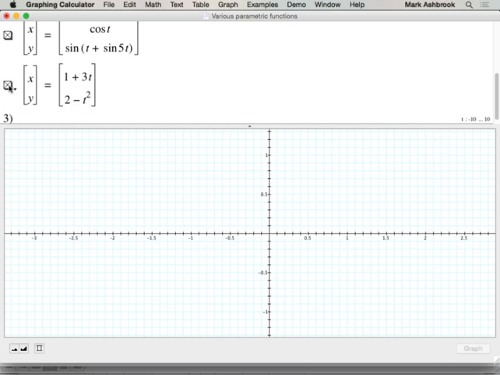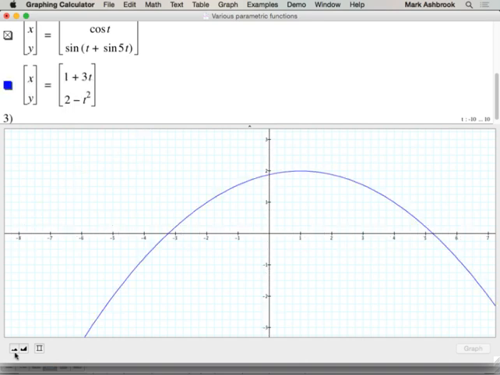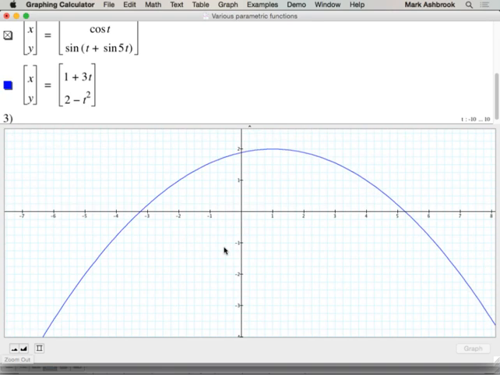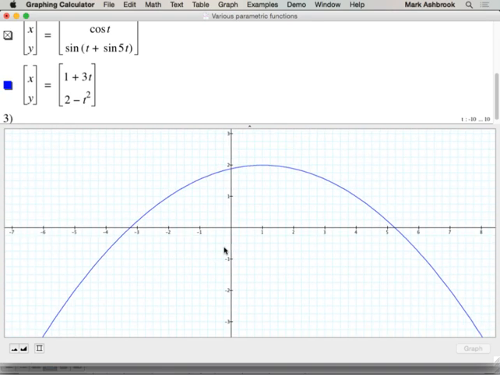This one's going to be less exciting. What is it? Now for this one, notice that you could rewrite this as an equation of x and y. How can you rewrite it as an equation of x and y? So y is 2 minus t squared.